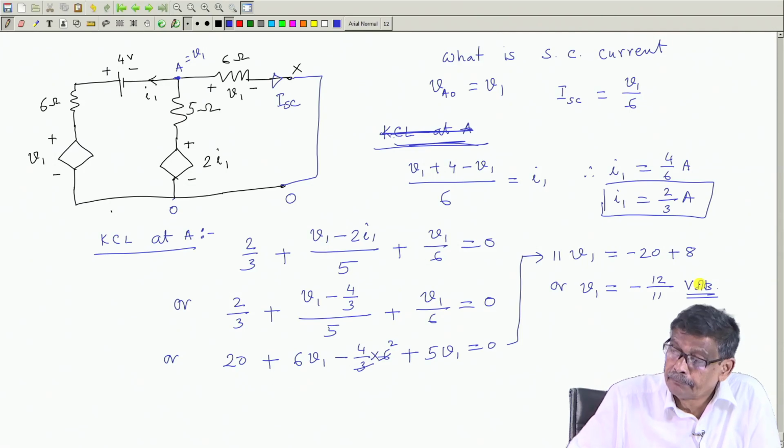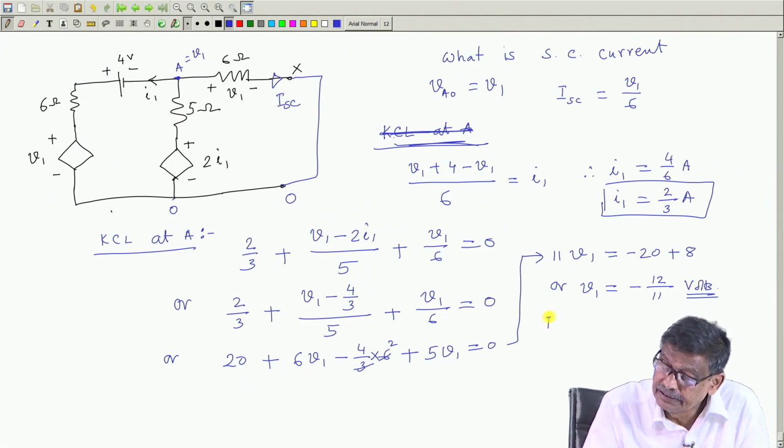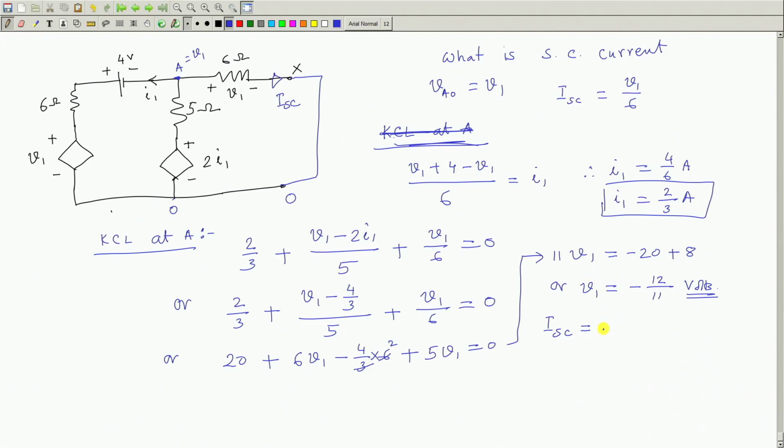Is it correct? Then ISC, short circuit current, is V1 by 6. So, minus 12 by 11 divided by 6 is equal to minus 2 by 11 ampere. ISC is this much.